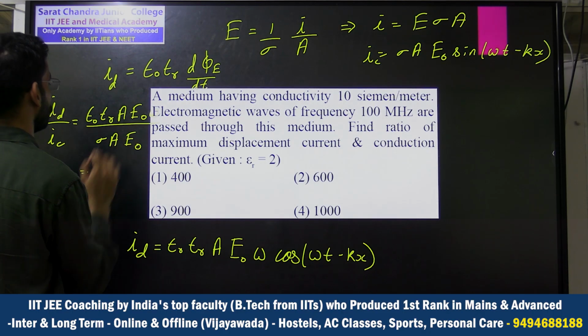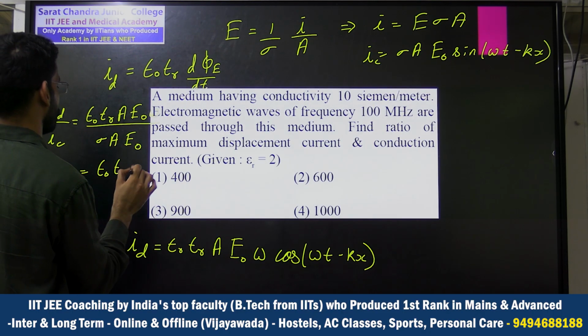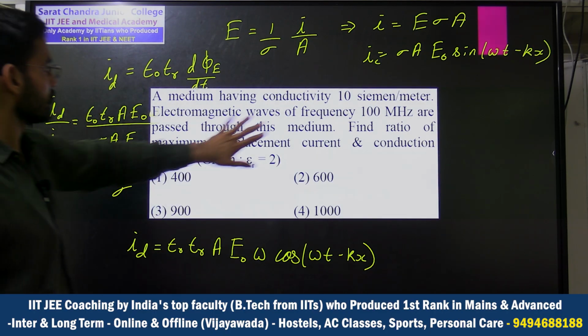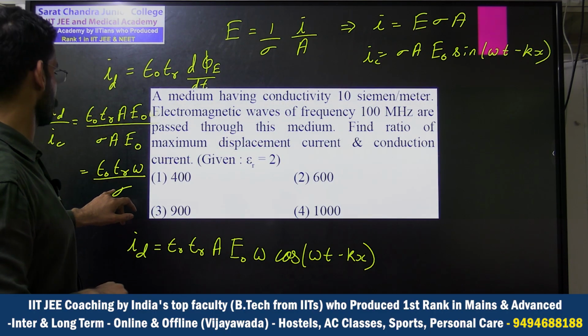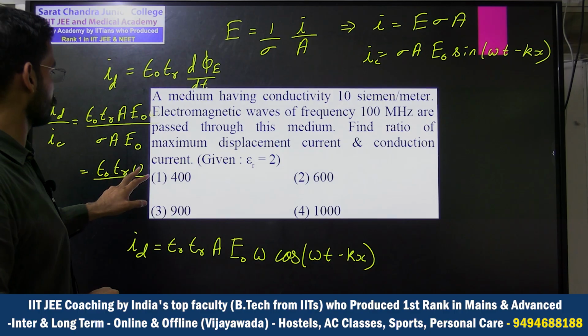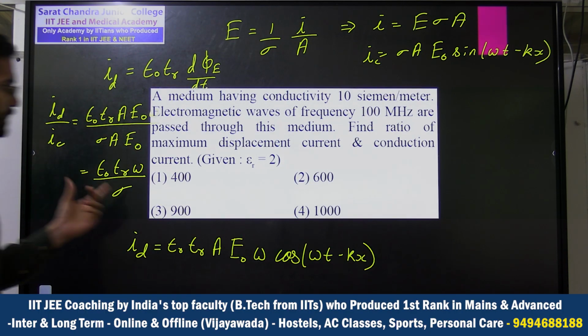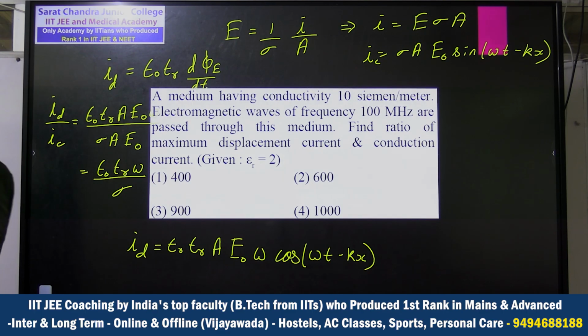A E naught cancels out, leaving epsilon naught epsilon r omega by sigma. Here all these values are given to you: conductivity is given, epsilon naught and epsilon r you know, and omega you know from the 100 megahertz frequency. So you can solve and get the answer.